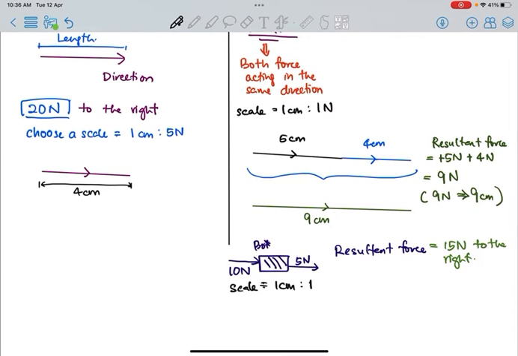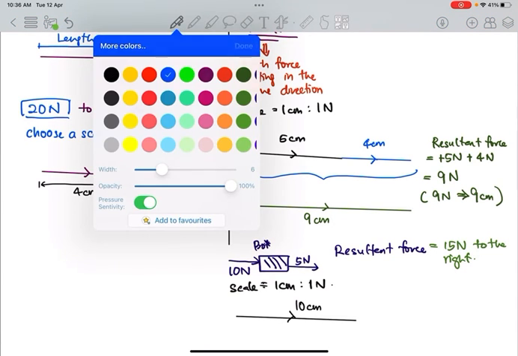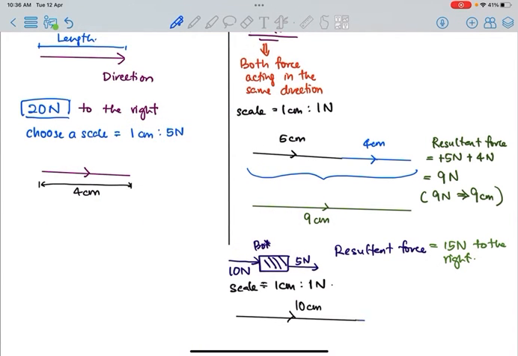You can choose any other scale if you want, but this is the basic one. You draw a 10 centimeter line, which represents the 10 Newton force, and join it with another line 5 centimeters in length, which represents the 5 Newton force.